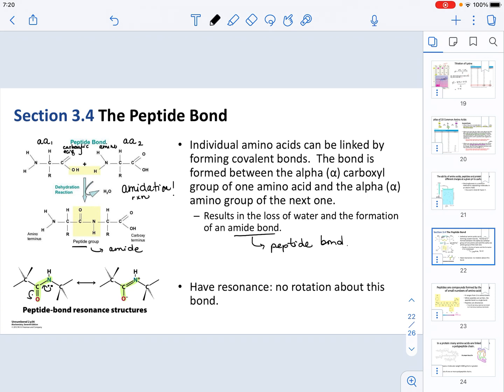Then this is going to make the electrons go up to oxygen, and that's how that second resonance structure results. One of the things that is important to note is that this nitrogen is actually quite planar, because if we look overall at the electron group geometry for that nitrogen, this is going to be trigonal planar.